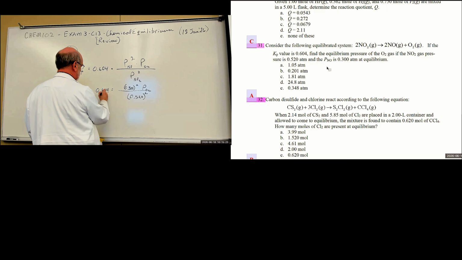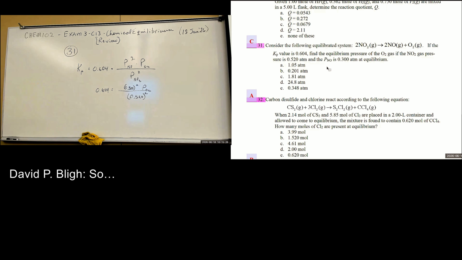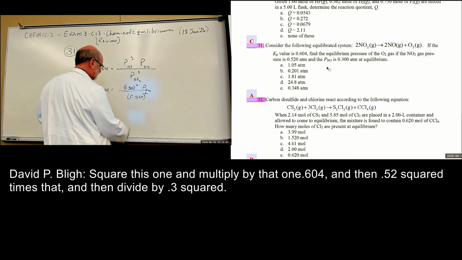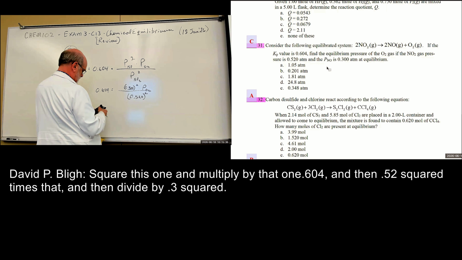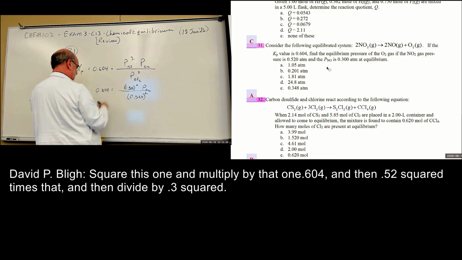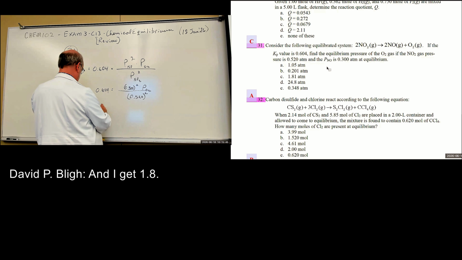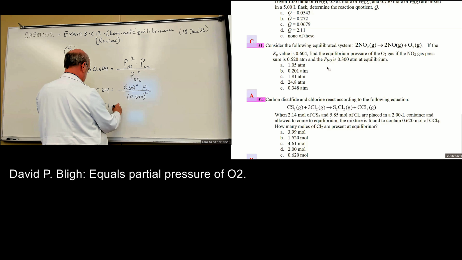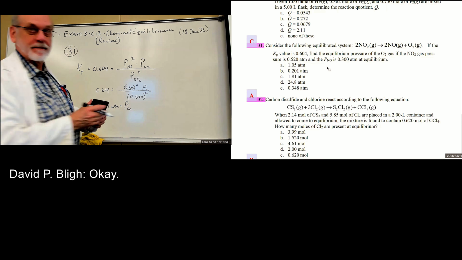That's fairly simple: we've got an equation and one unknown. So take 0.604, multiply by 0.52 squared, and then divide by 0.3 squared. I get 1.81 atmospheres equals the partial pressure of O2.